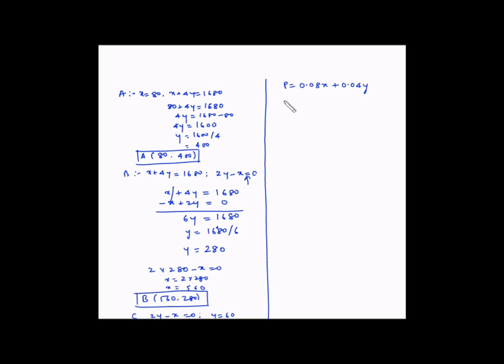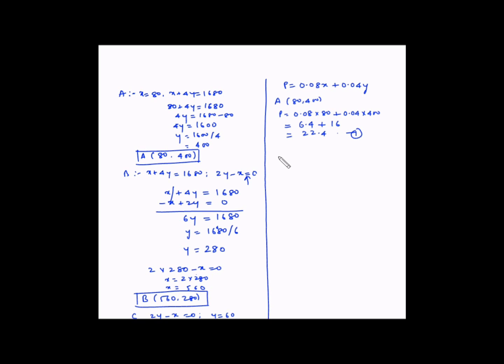So let's solve this for point A, which has coordinates of 80 and 400. So P is equal to 0.08 multiplied by 80 plus 0.04 multiplied by 400. This is equal to 6.4 plus 16. This is equal to 22.4.